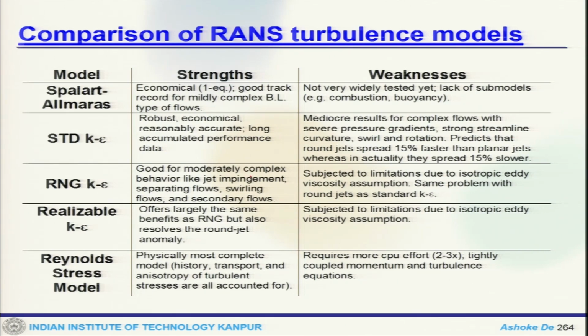RNG is good for moderately complex behavior like jets, separating flows. It also has certain limitations. Realizable K epsilon is quite a good modification to the standard model, and it is subject to the limitation of the isotropic eddy viscosity assumption. It is a more complex model and requires more CPU time. So it is tightly coupled with the momentum.